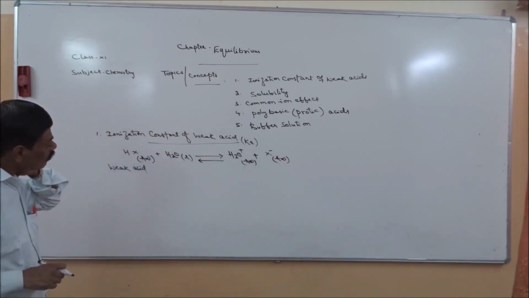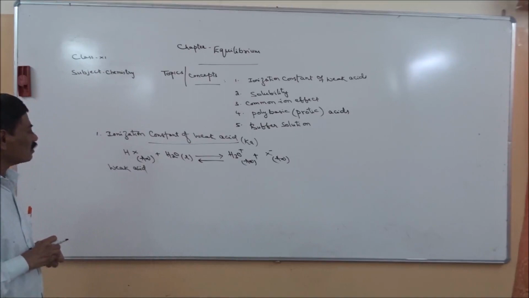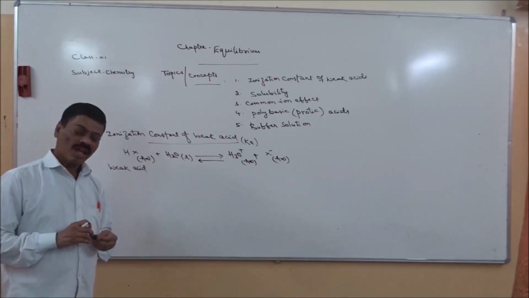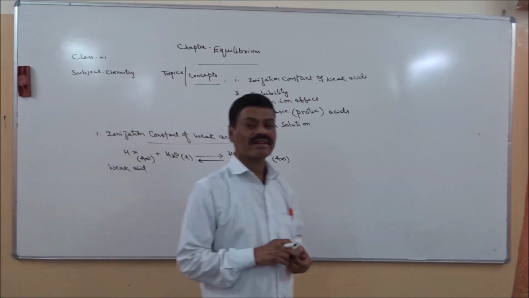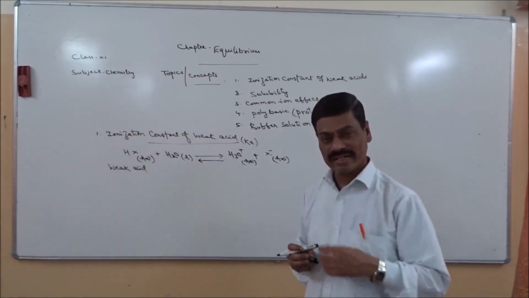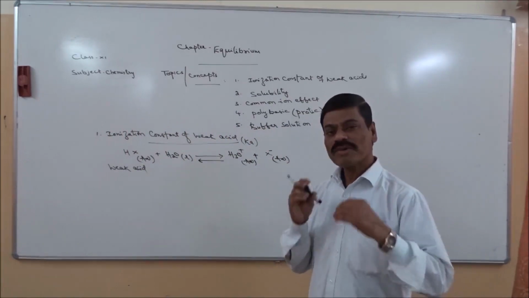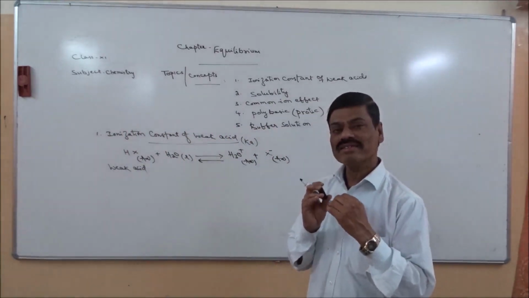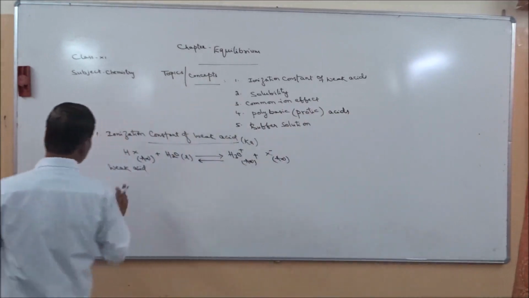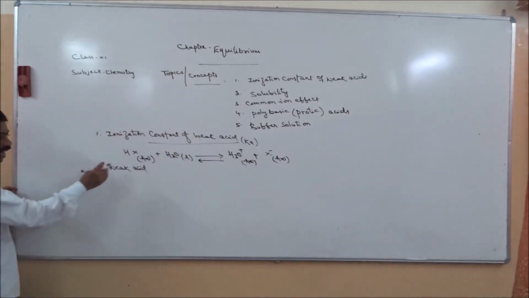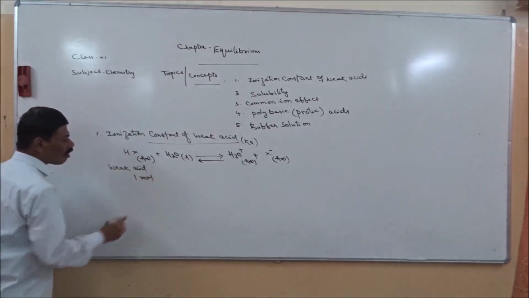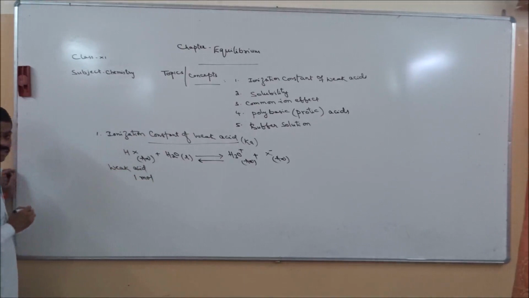Now, what I am going to do in this reaction is, I will first write how much amount of the main reactant is taken when the reaction is not started. How much amount of that weak acid is taken, that much will be there. Say I have taken 1 mole of HX, weak acid.